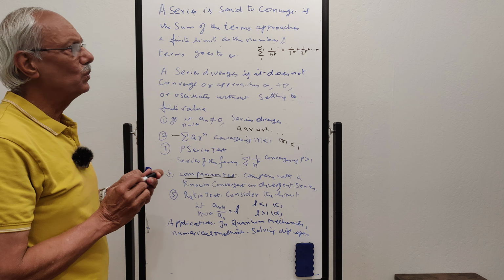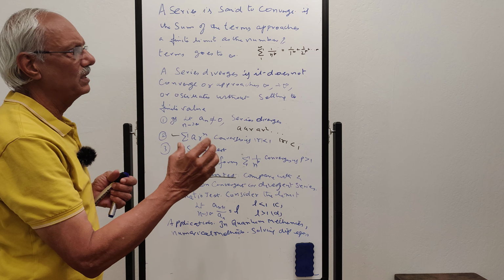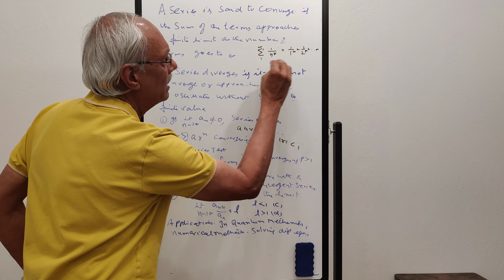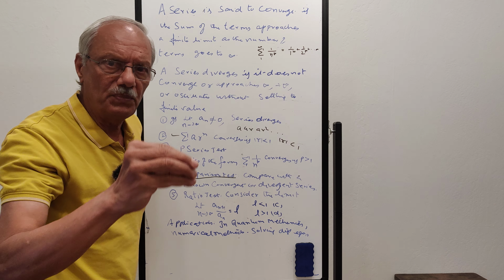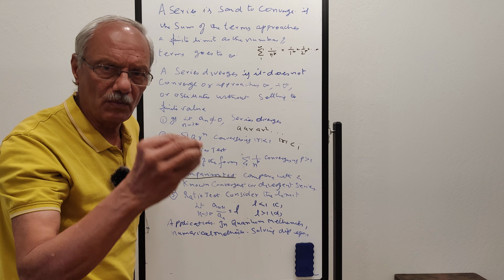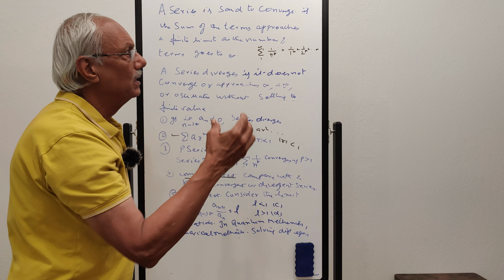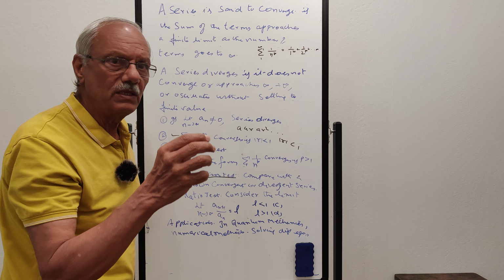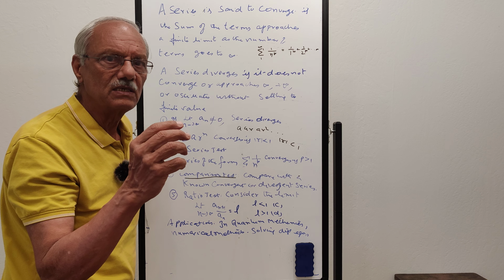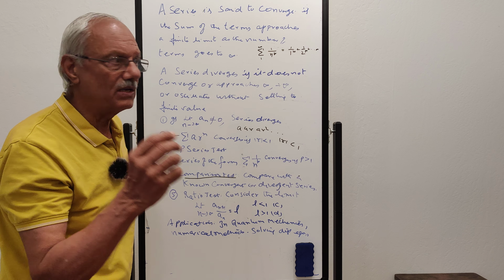Now, we want to know whether this series converges. Try to understand that here every term can be any number, a rational number, and so we have to find out whether such a series is convergent.